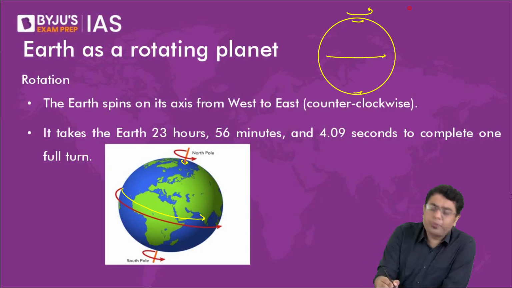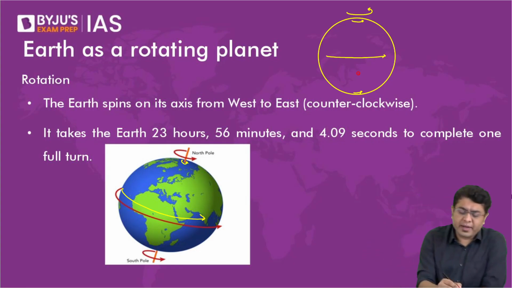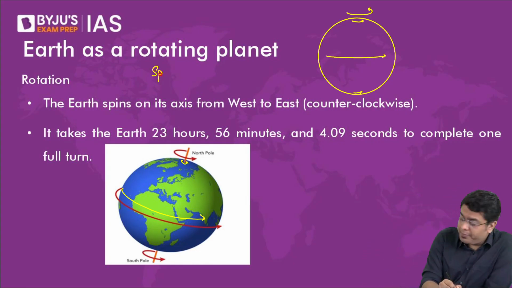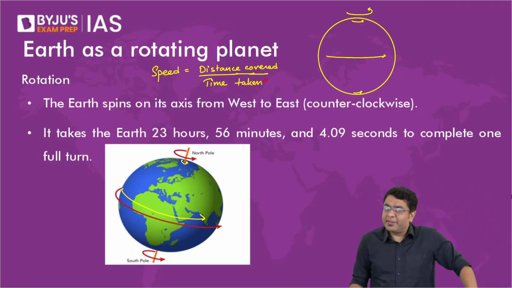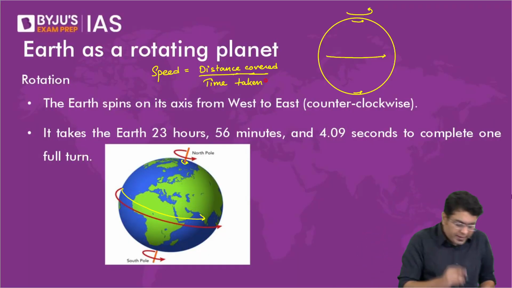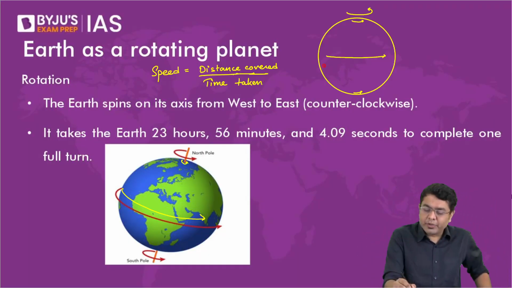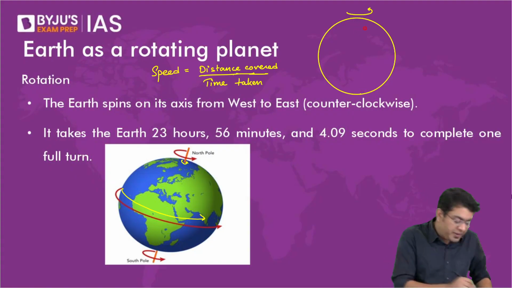When we talk about speed, I'm sure all of us are aware of the formula of speed. Speed is equal to distance by time, that is, distance covered by time taken, isn't it? Now, let us understand what we mean by this.